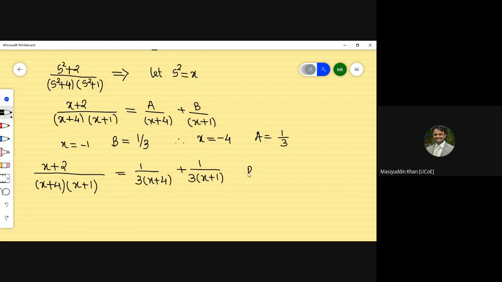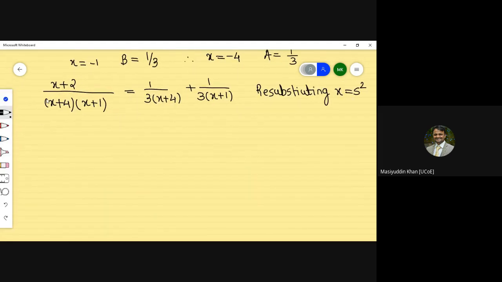So resubstituting x equal to s square, now we are getting s square plus 2 upon s square plus 4 and s square plus 1, and I'm taking Laplace inverse directly here.